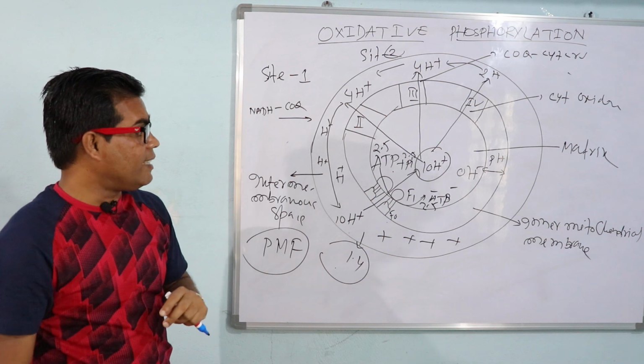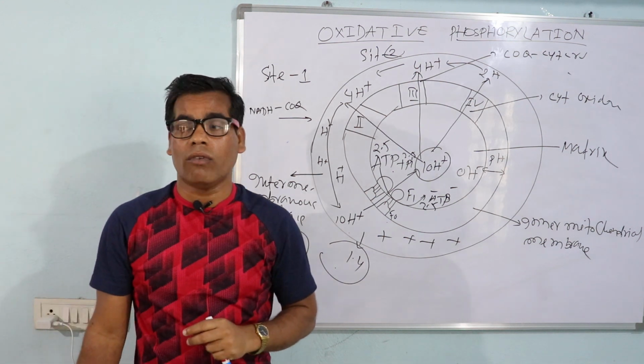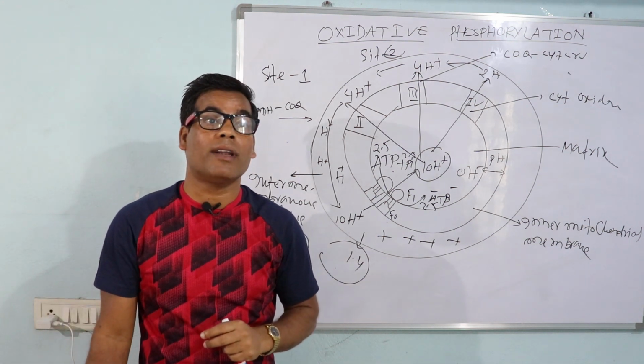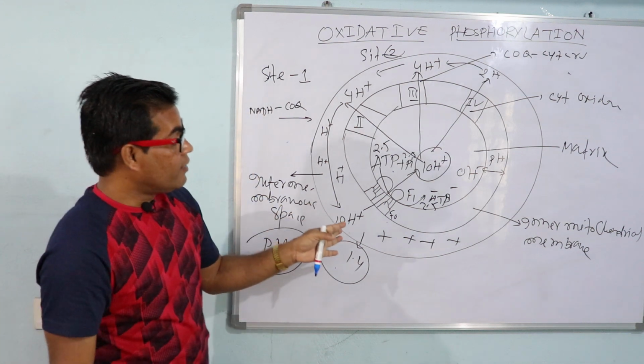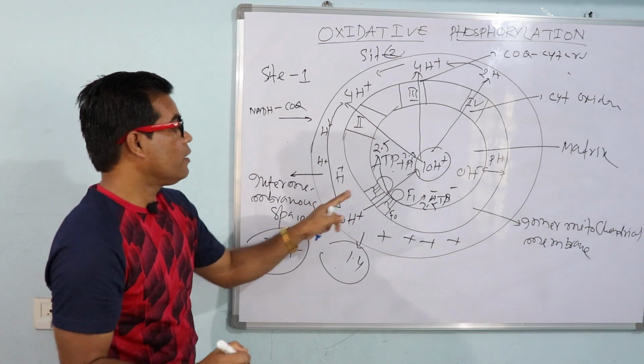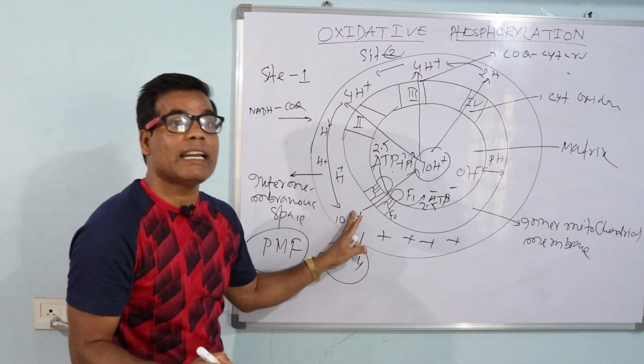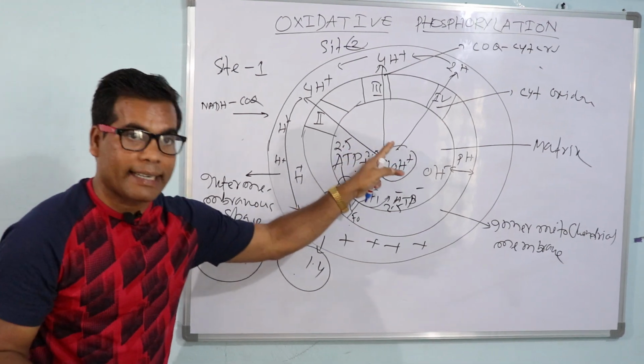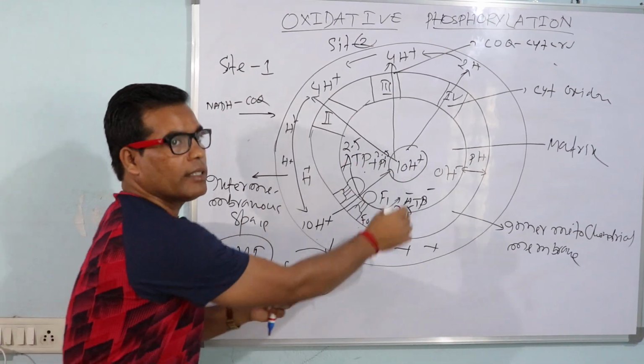But here another thing is there, the metabolic uncoupler. What does it mean? F0 allows the proton from the intermembrane space to the matrix, so it drives the formation of ATP.